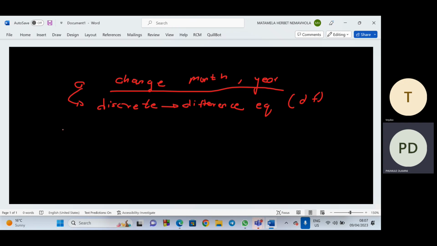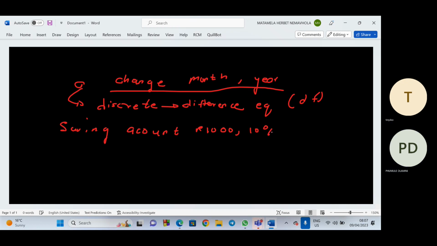You might go to a bank, and maybe you have a savings account. In this savings account, you deposited 1,000 rand initially. Then the bank decided that they will give you 10% interest.